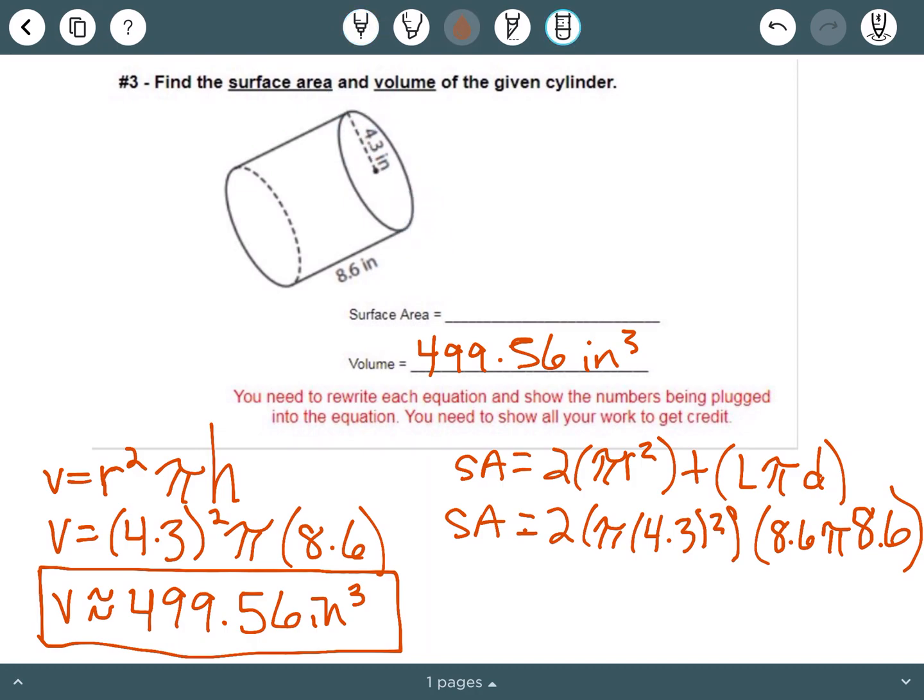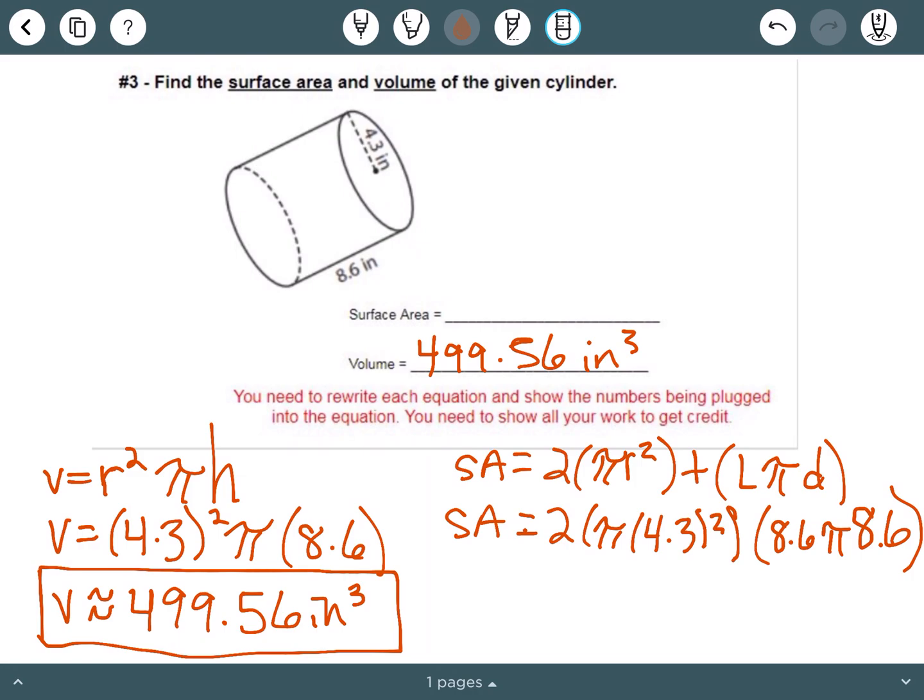Now that we have that information, all we have to do is plug into the calculator. This is the easiest part, but you want to make sure that you're getting it into the calculator correctly. So I'm putting in 2, parenthesis, pi button, parenthesis, 4.3, and parenthesis squared. And then another parenthesis.